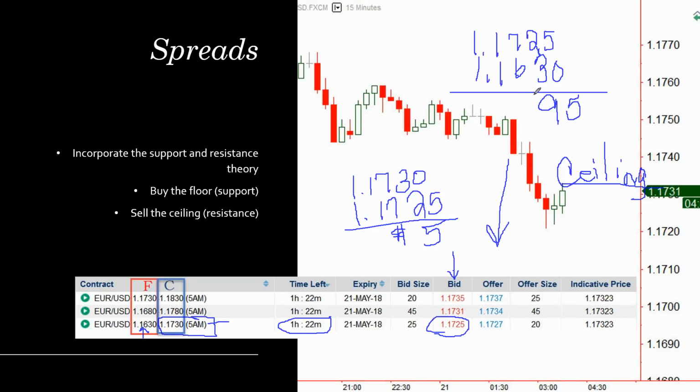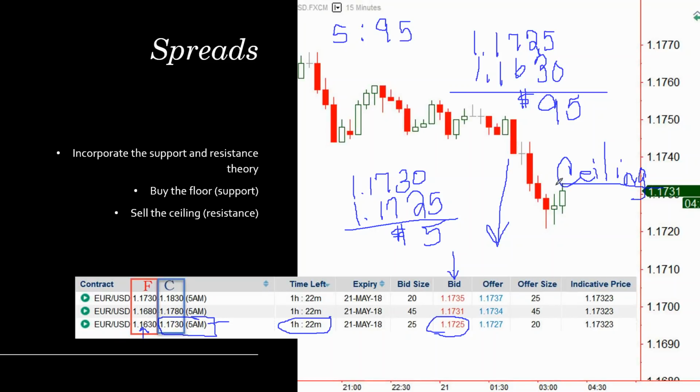So on the short side, that's what it's called when you sell either a binary option or a spread. We refer to that as shorting the market. You're risking $5 to make a maximum profit potential of $95.